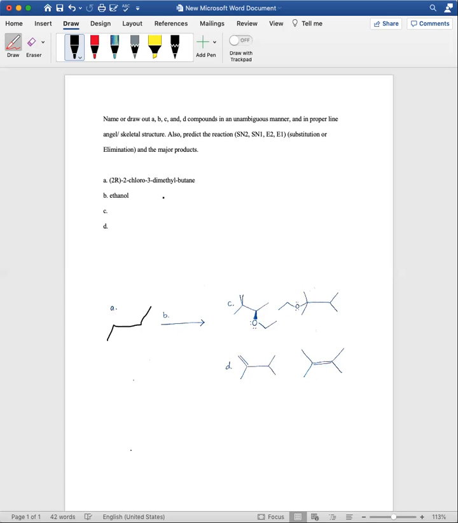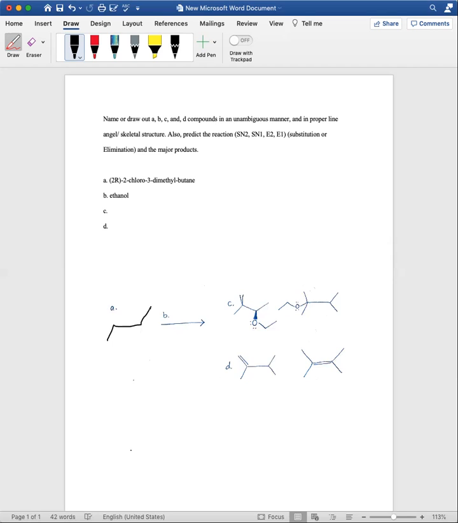The next one is 3,3-dimethyl. If I put 1 here, the 3 is going to be here, and I'm going to have two methyls here. But if I start from here, I'm going to have 2 methyls here, and di stands for 2.